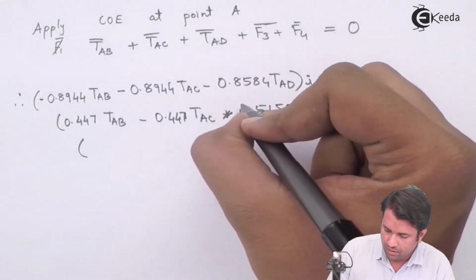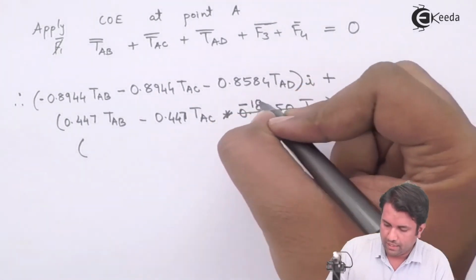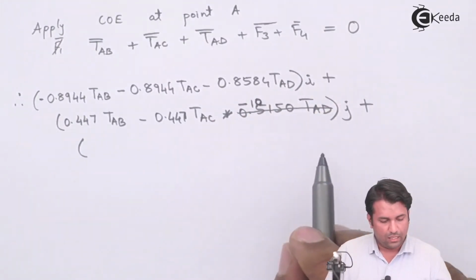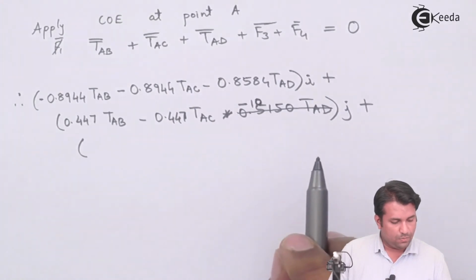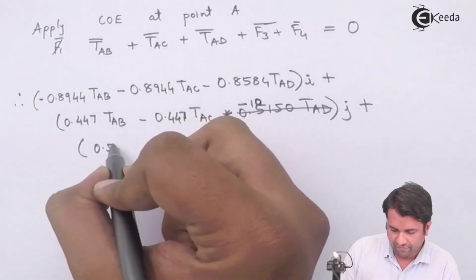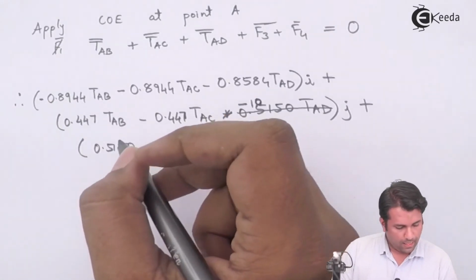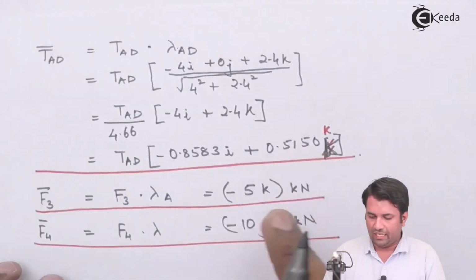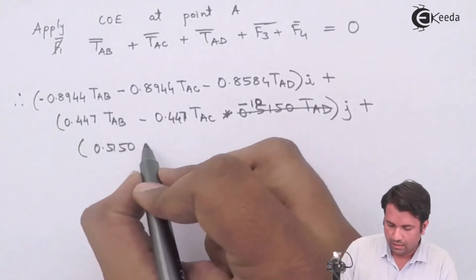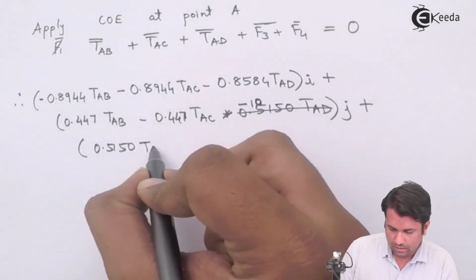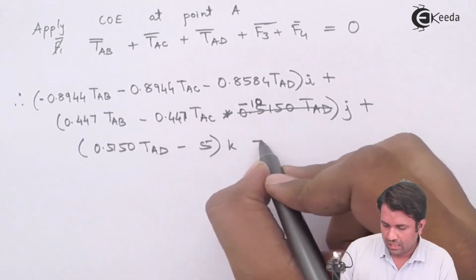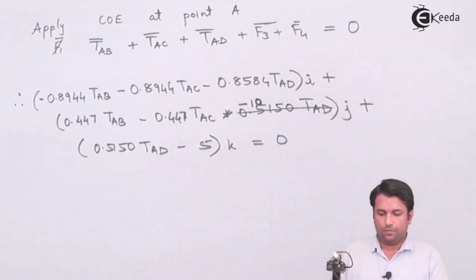So I'll do the change, minus 10. Then I'll write the K terms. K term is 0.5150, and I have one K term for the force 3. So that is minus 5K equal to 0.